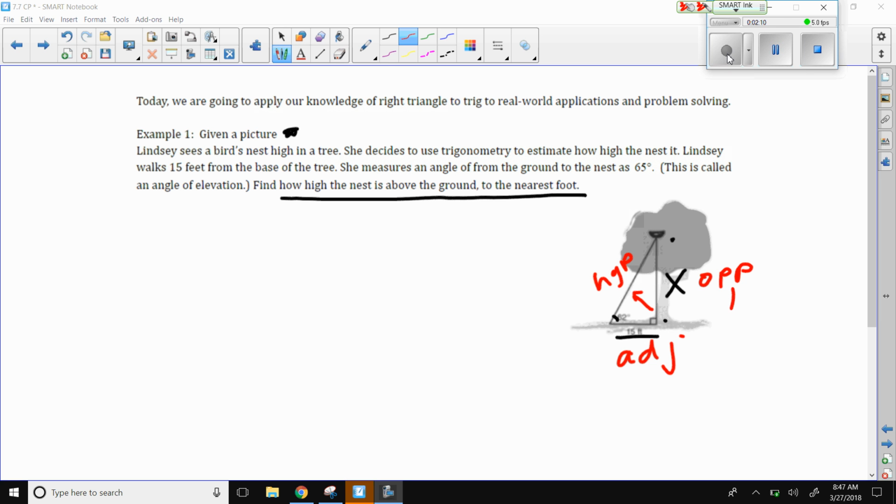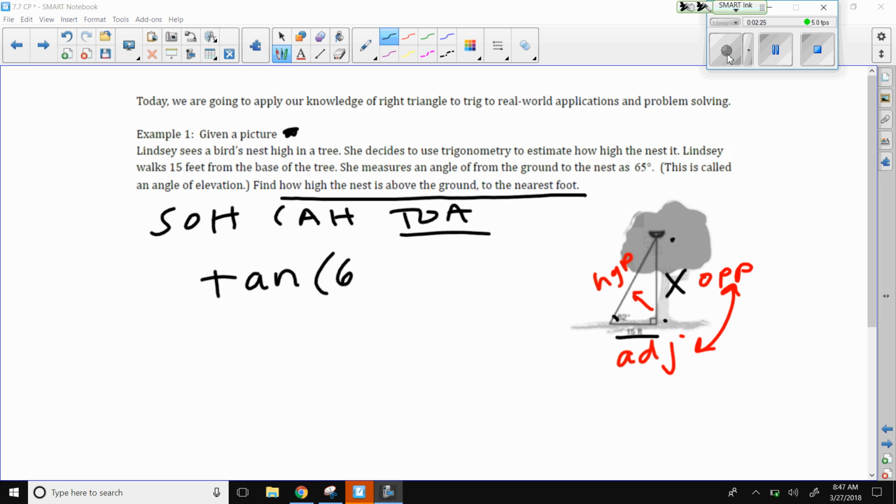So it looks like I need to use these two, which from SOHCAHTOA, I know that the one that has opposite and adjacent is my tangent. So what I have is tangent of this angle, 65 degrees, equals my opposite side, which is x, over my adjacent side, which is 15.